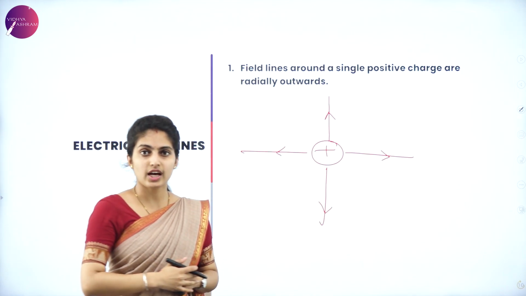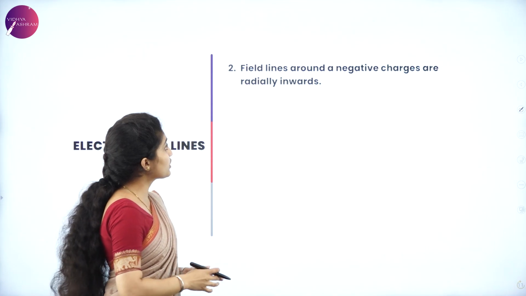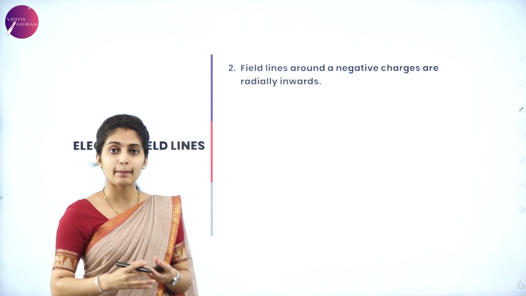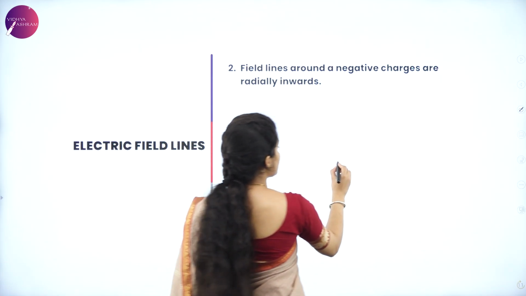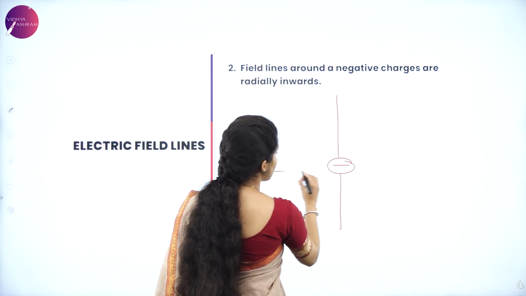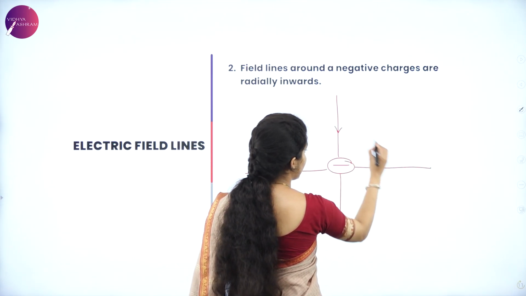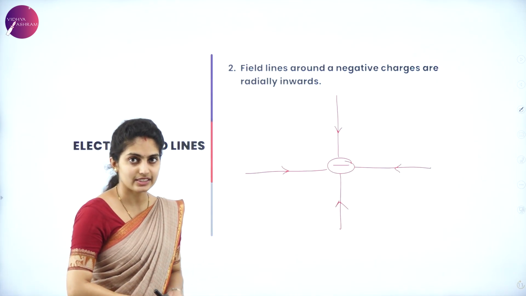For the positive charge, the field lines are radially outwards. Suppose it is a negative charge, what happens when the source charge is a negative charge? If you consider a negative charge, it has a radially inward direction.